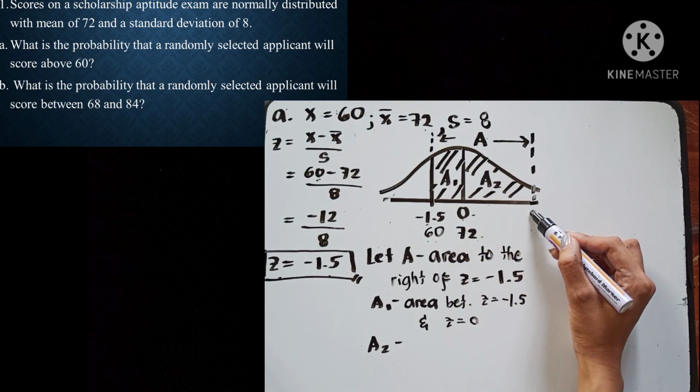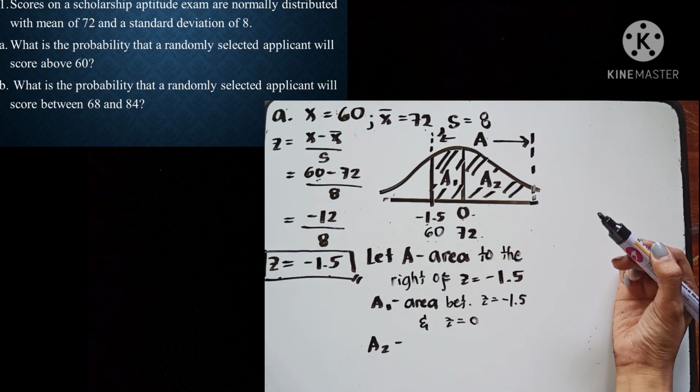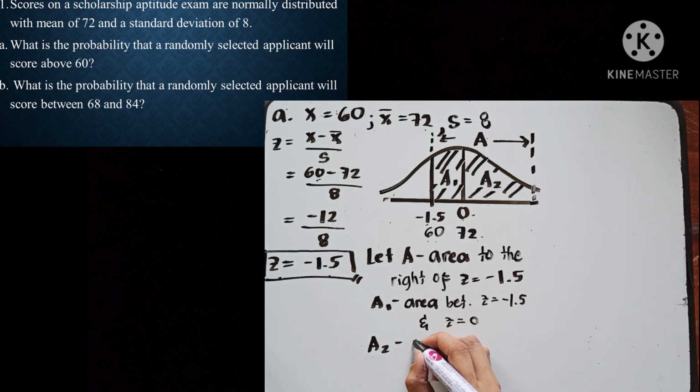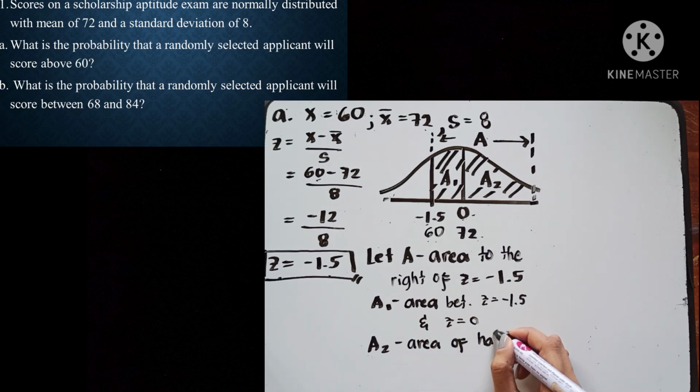Again, 0 papunta sa kanan or 0 papunta sa kaliwa, that is half of the curve. So, ibig sabihin yung A sub 2 natin is area of half of the curve.